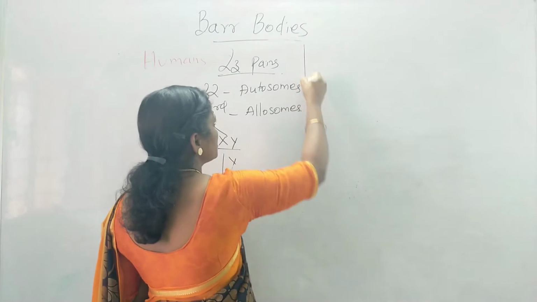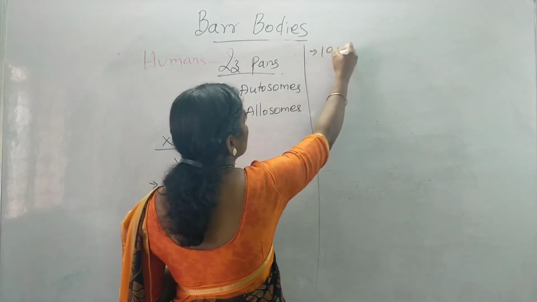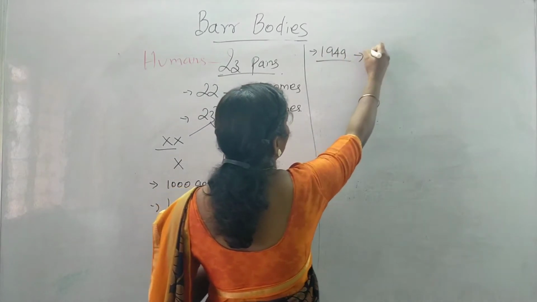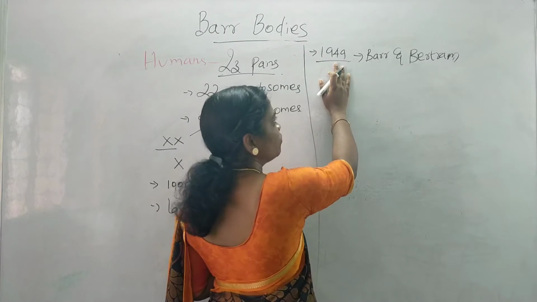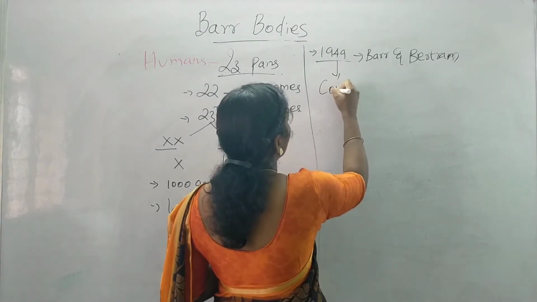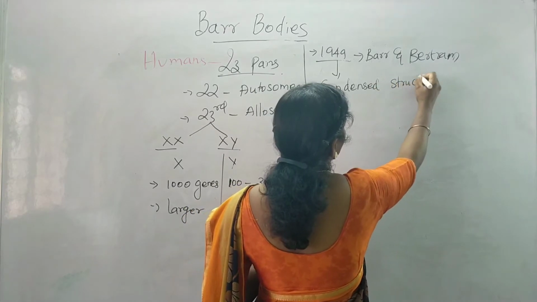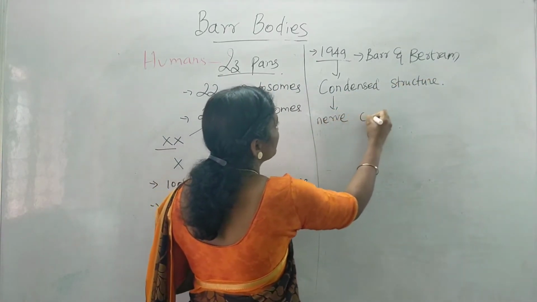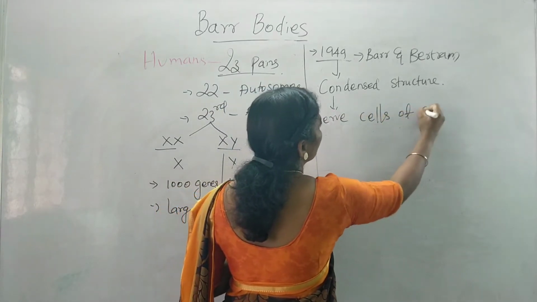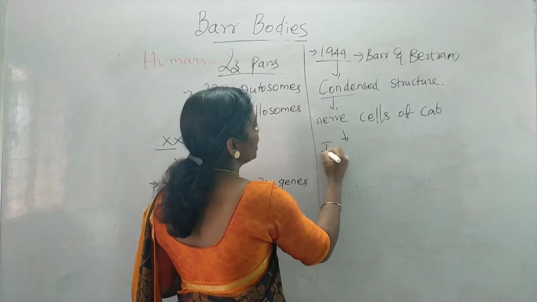So what are Barr bodies? These Barr bodies were identified in the year 1949 by Barr and Bertram, who observed a condensed structure in the nerve cells of a cat. They observed this condensed structure during the interphase stage.